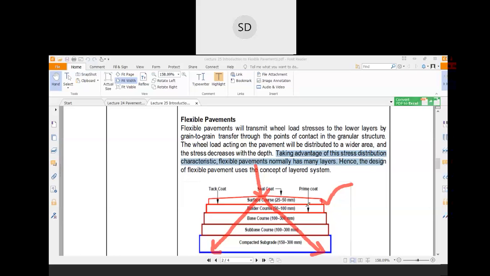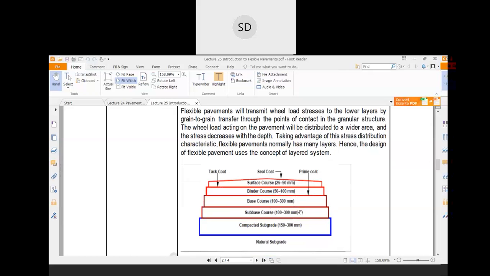But beyond this layer, the stress decreases as the area increases. Therefore you can use inferior materials in the lower layers, thereby decreasing the overall cost of construction of the flexible pavement. Therefore these flexible pavements are designed using a layer system. There will be different layers.